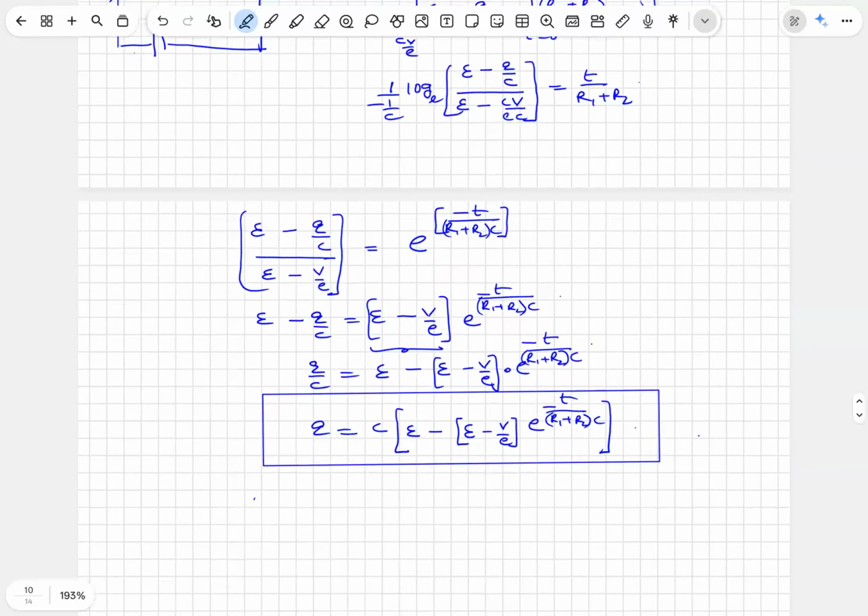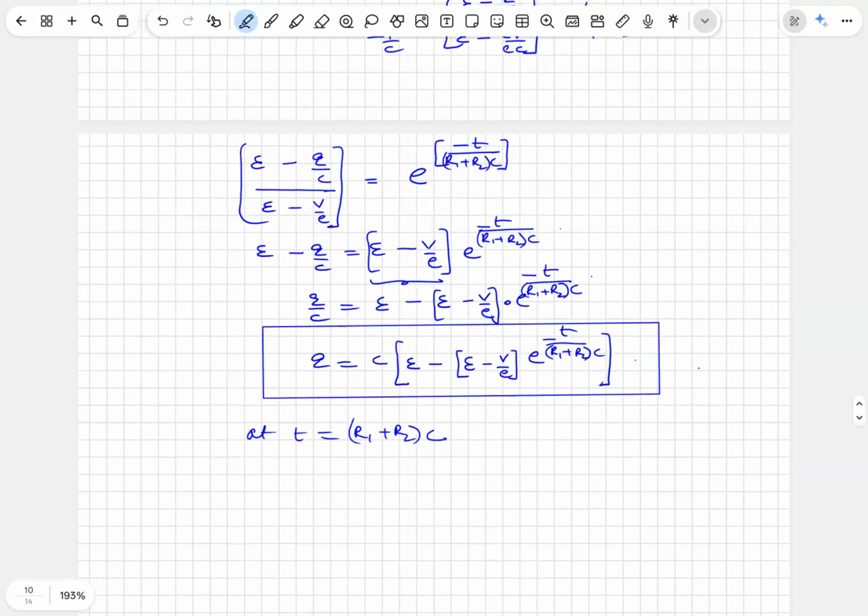So, tau is equal to R1 plus R2 times C. Q is equal to C times E minus V by E times. I'm still assuming E and V are different terms.